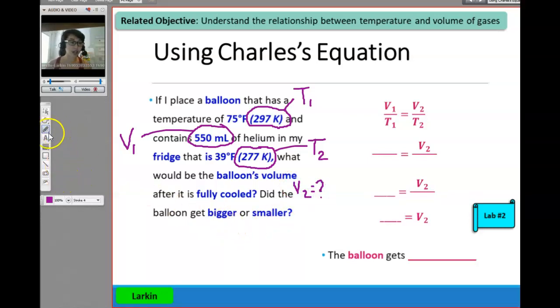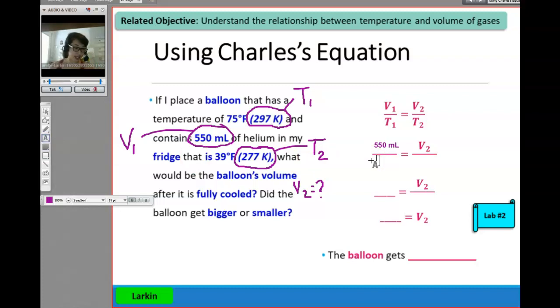So let's go ahead and start plugging some of these variables in. Over here, what should I plug in for V1, the initial volume of the balloon based on what I annotated? Perfect, yes, 550 milliliters divided by T1, what was the initial temperature of the balloon in Kelvin? Make sure you're using the correct units. We can't use Fahrenheit, we have to use Kelvin.